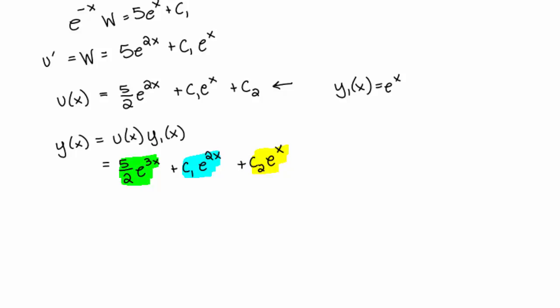A very, very good example of using the reduction of order method to regenerate a full solution, y of x, for a non-homogeneous differential equation, given only a single solution to a homogeneous differential equation. So very, very cool.